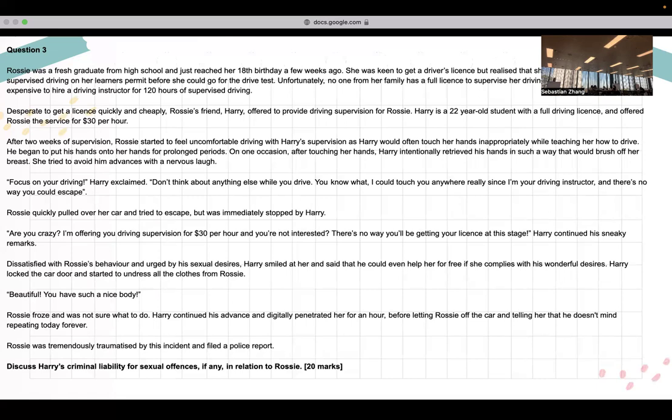Threat to commit serious offense. This is basically quotes. As long as you see certain sort of quotes, it's most likely a threat. For example, in this case, no way of getting your license. Unless what?